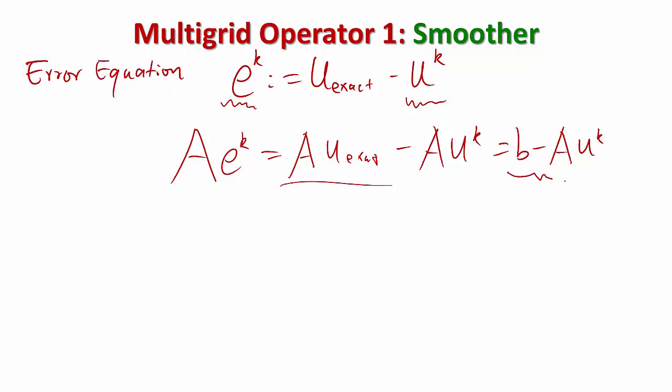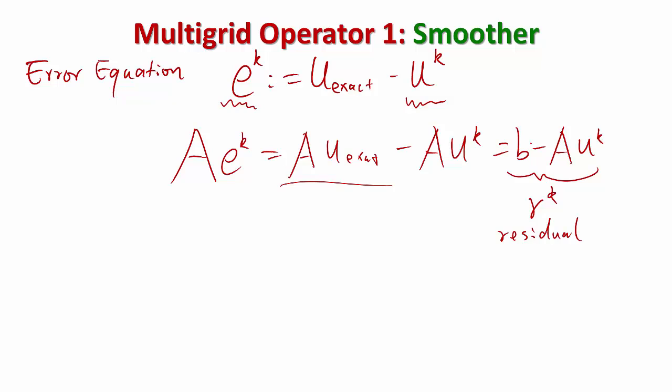And this B minus A times UK, remember last lecture we had a question of how to check for convergence? This is something we usually use to check for convergence. It's called the residual. This is the residual at iteration k. If this residual is small, that means we are closer to convergence. If this is large, that means we are away from convergence.